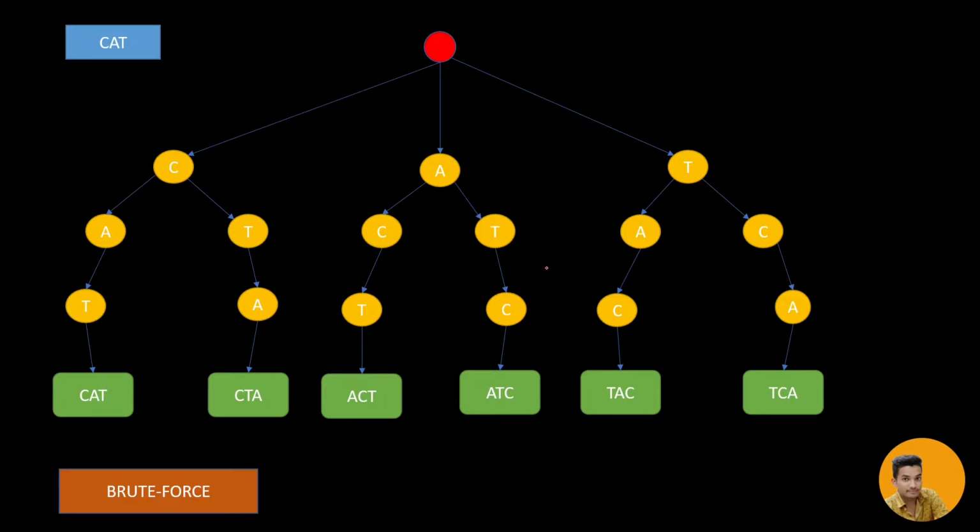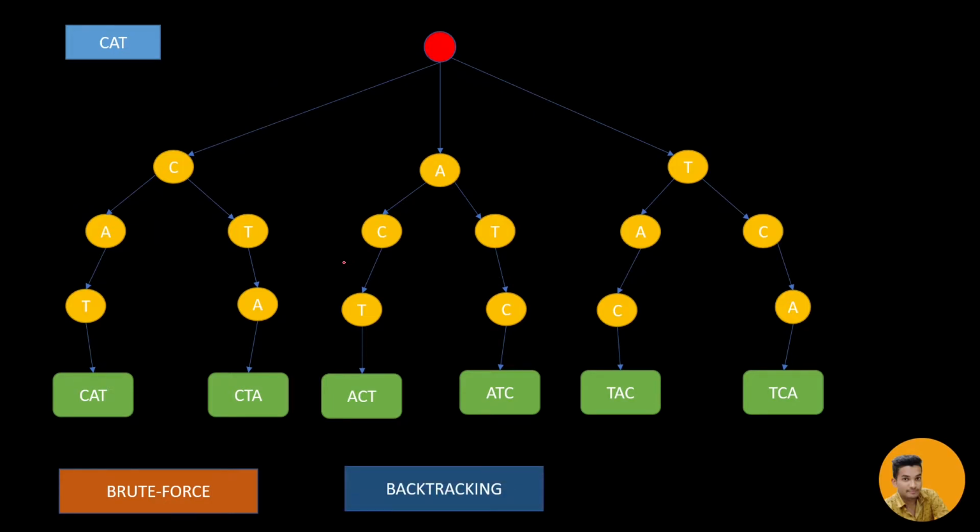Now to get this brute force, what we are doing is we are going back and again picking up a different route. I took this route, then I went back and took this route, then I went even further back and started from here and took this route, and so on. So these are all backtracking.